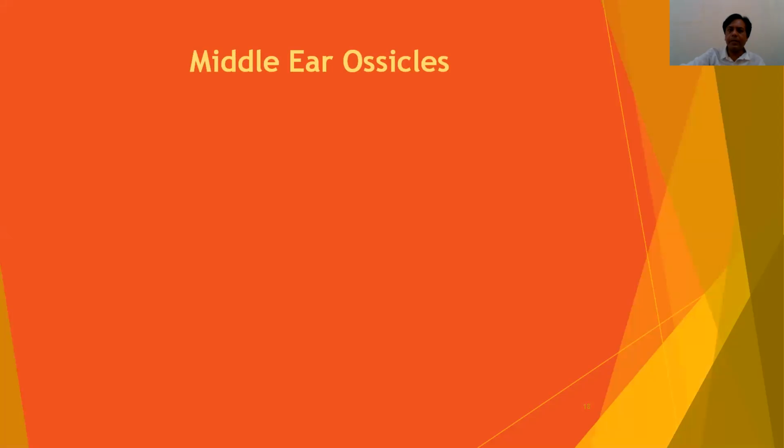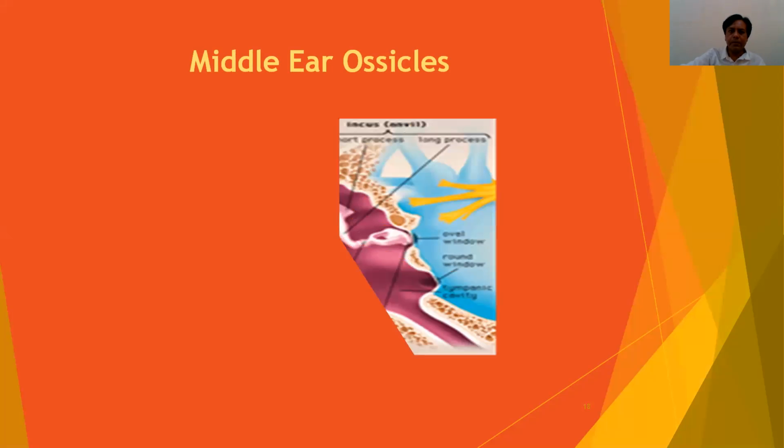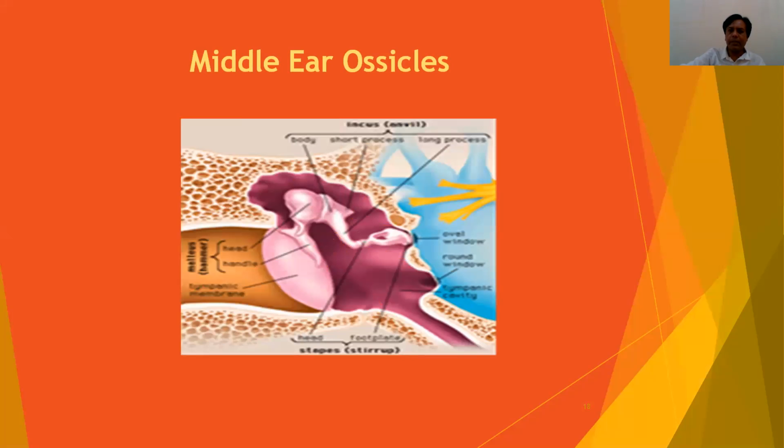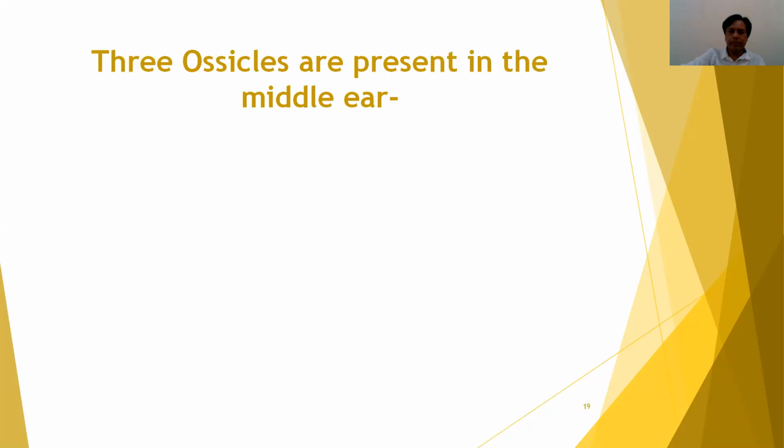Then coming to middle ear ossicles. As we know, there are three in number: malleus, incus, and stapes. First is malleus, also referred to as hammer.